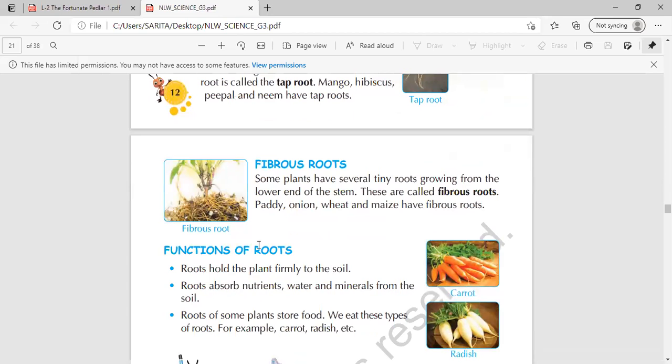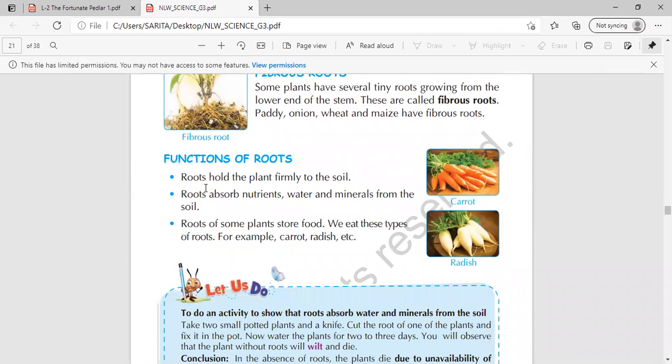Now, what are the functions of root? What do roots do in the plant? Number one, roots hold the plant firmly to the soil. They hold the plant very strongly with the soil.